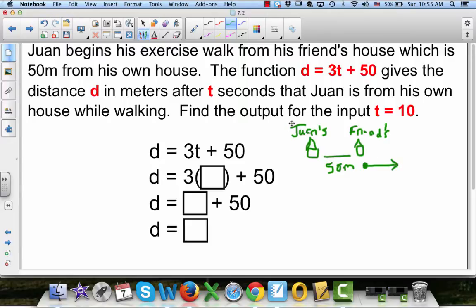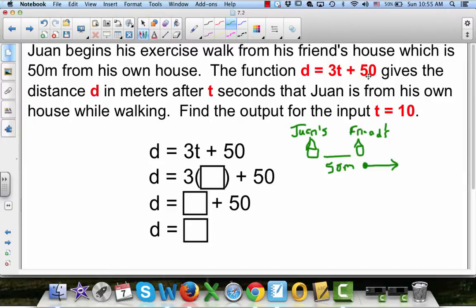We're measuring the time in seconds, and we're using t to represent time. D is going to represent the distance in meters that he is away from his home. So that means that every second he goes 3 meters. That's what this means right here. D equals 3t means d equals 3 meters per second, plus he was 50 meters already into his trip whenever he started.